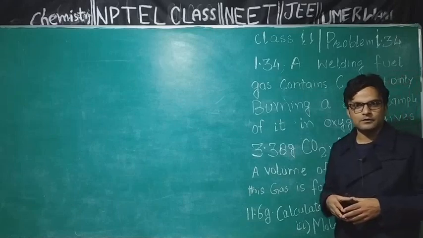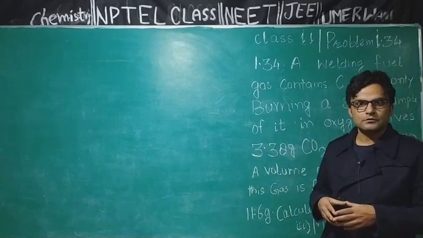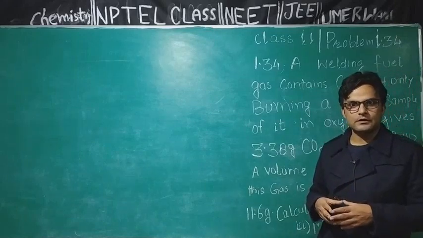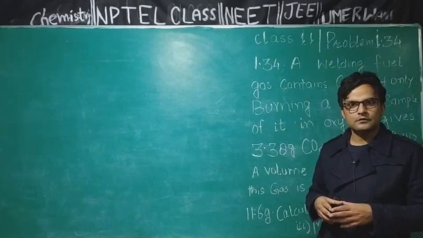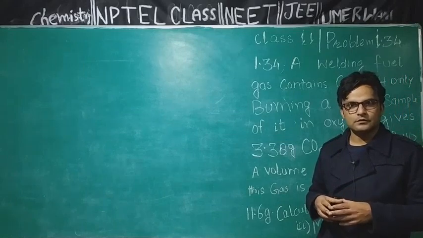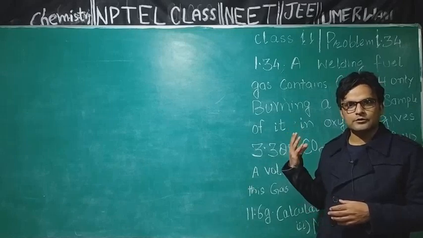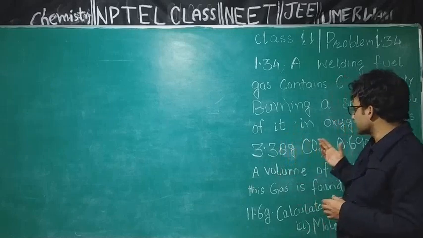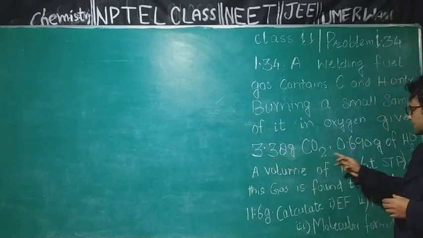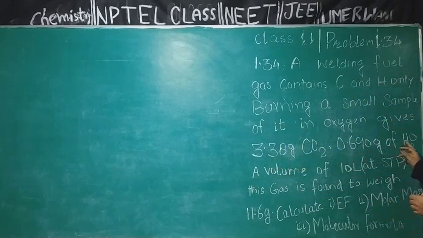Any hydrocarbon on combustion forms only two products, one carbon dioxide and second water. Similar is the case here. This hydrocarbon gas on combustion forms this much of carbon dioxide gas and this much of water.